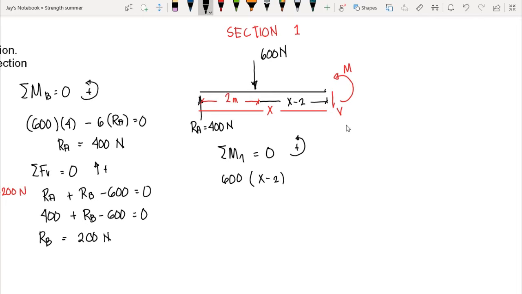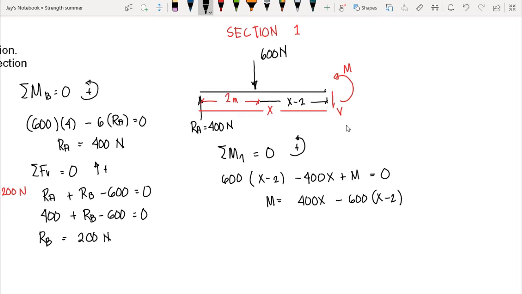Then we have the moment due to the reaction A, which is 400 times x. Then the internal moment at section 1, which is plus M, gives us 0. So our moment equation is M equals 400x minus 600 times (x minus 2).